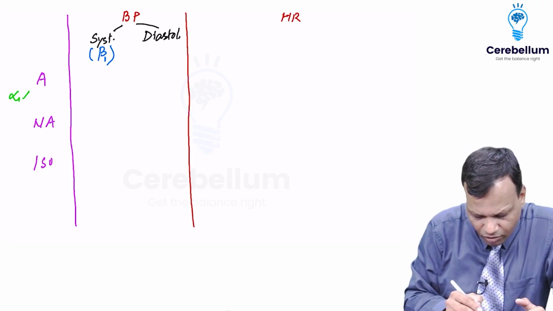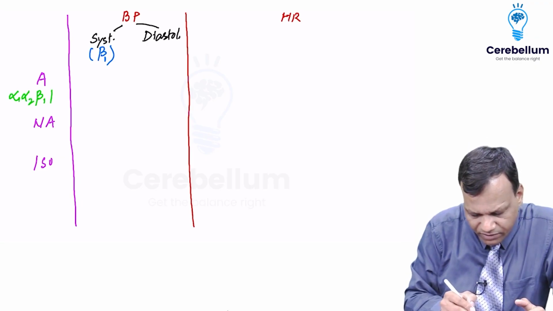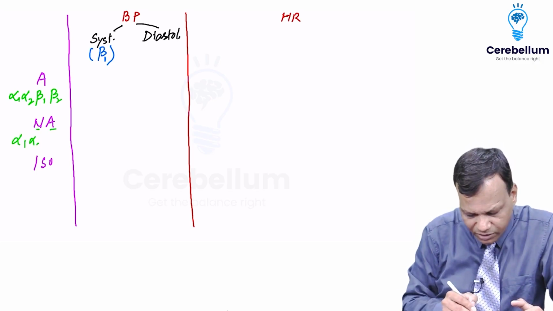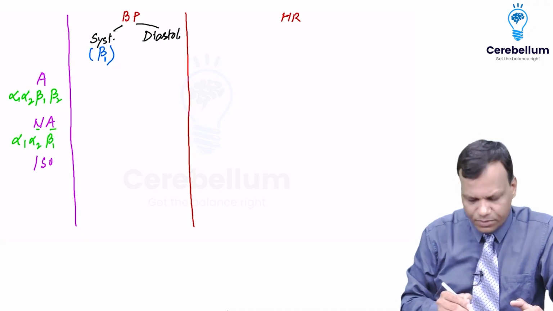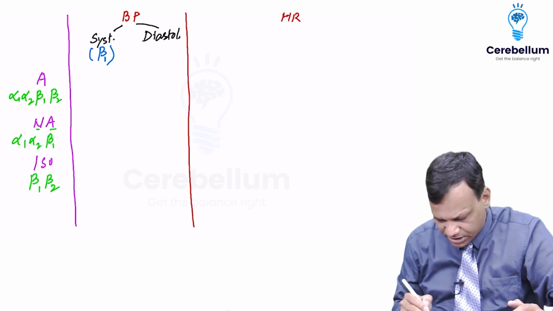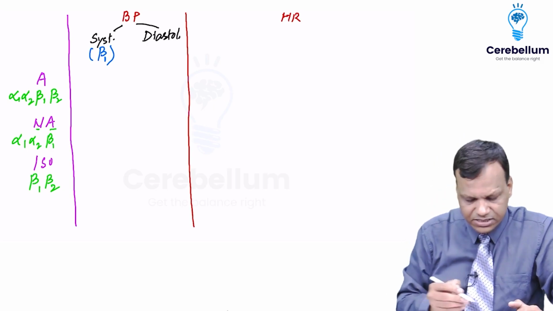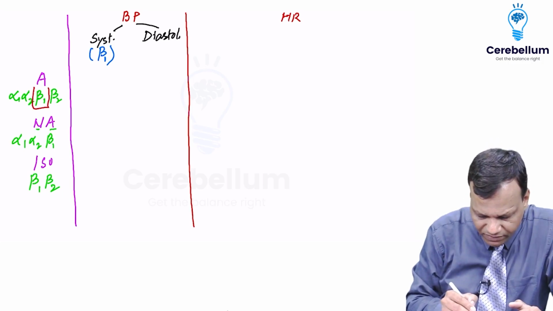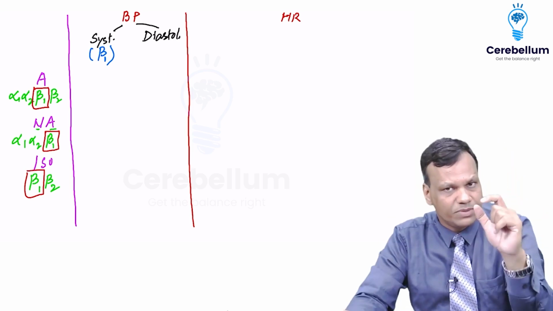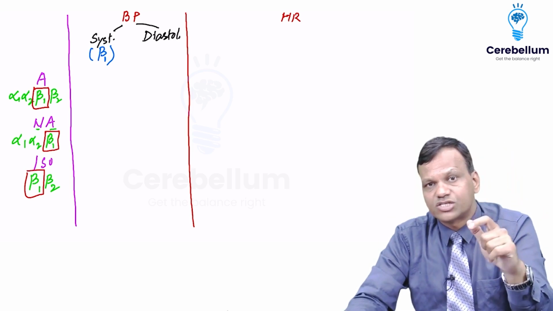Adrenaline, we discussed A for all, means alpha 1, alpha 2, beta 1, beta 2. Noradrenaline, not all, means alpha 1, alpha 2 and beta 1. And isoprenaline, only beta, beta 1 and beta 2. So if you see all the three drugs, they are stimulating beta 1. So beta 1 is stimulated here, here, as well as here. So what will be the effect of these drugs on systolic BP?